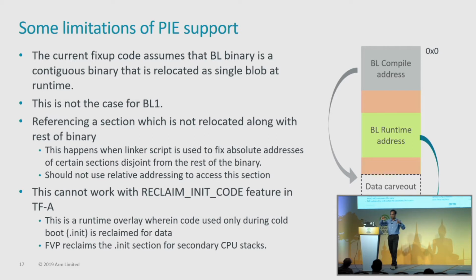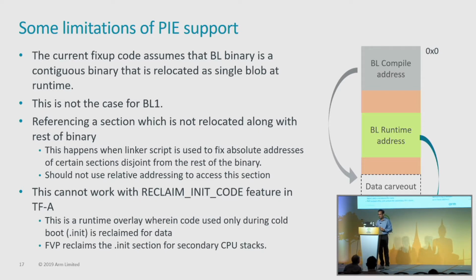So it's a disjoint binary. If you relocate a disjoint binary at runtime, because your code and read-only sections remain at the same address, all of the binary sections are not moving at the same relative offset. And there is no real use case for enabling PIE for BL1 because it is ROM code.